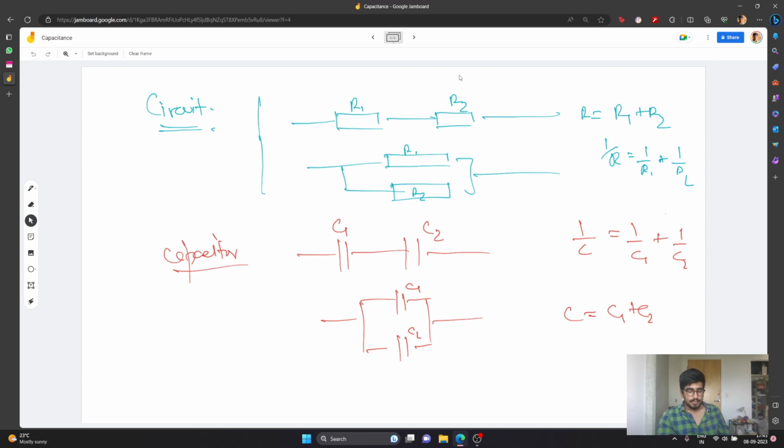If you have a battery that is trying to push Q amount of charge in, that Q amount of charge will be split into the top branch and bottom branch, Q1 and Q2. So Q becomes Q1 plus Q2.